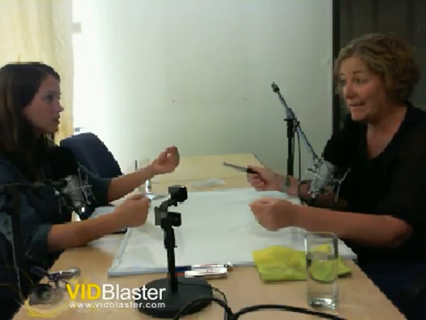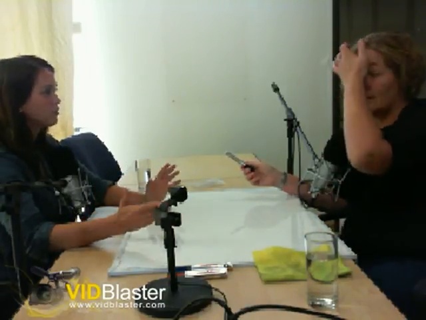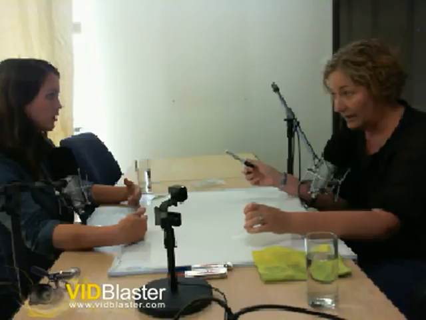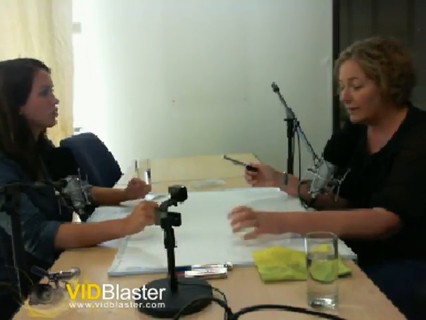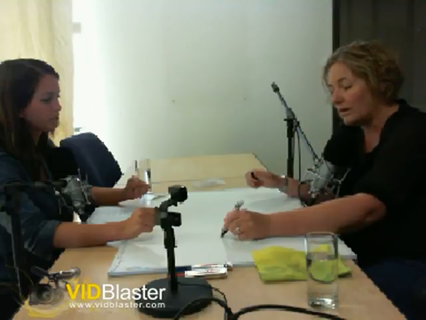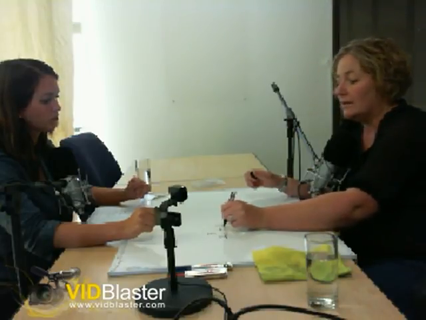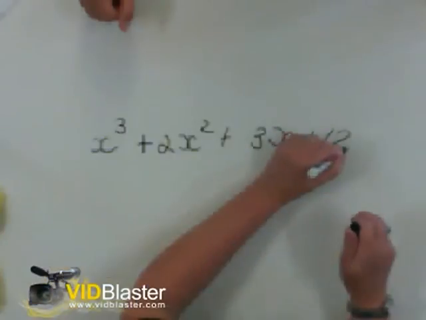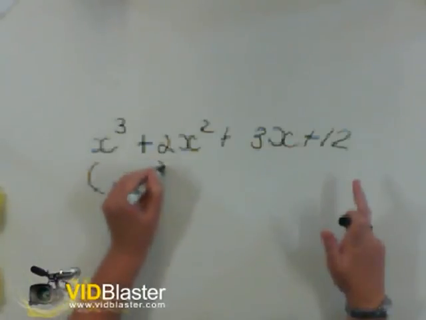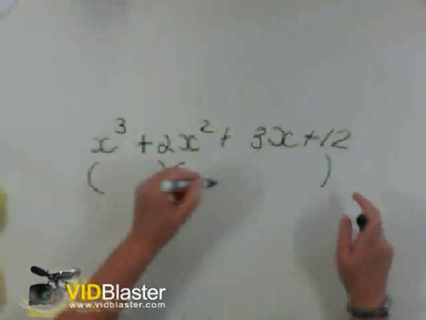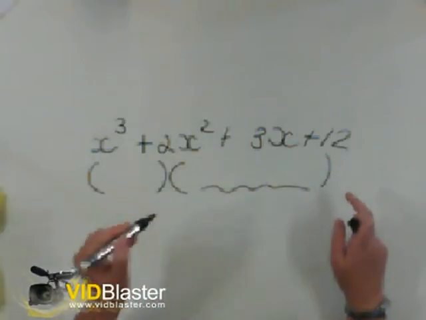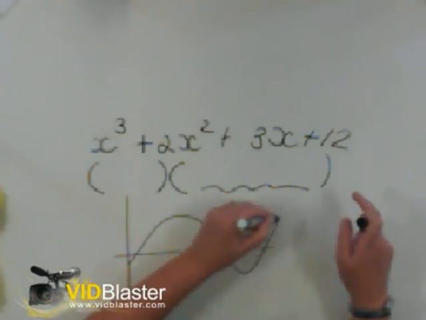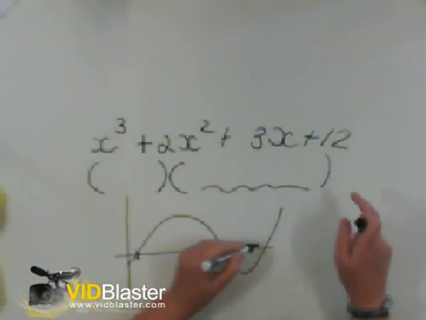Now, in the government schools, well, within the CAPS curriculum, not even within the government schools, they've done a section called polynomial functions just before this, in which they would have definitely, as long as they are able to take a cubic equation, any cubic equation, x cubed plus 2x squared plus 3x plus 12, they must be able to factorize this cubic equation into a small bracket and eventually into a trinomial in this bracket, so that they can, in differential calculus, sketch a cubic graph which has 3 x-intercepts.